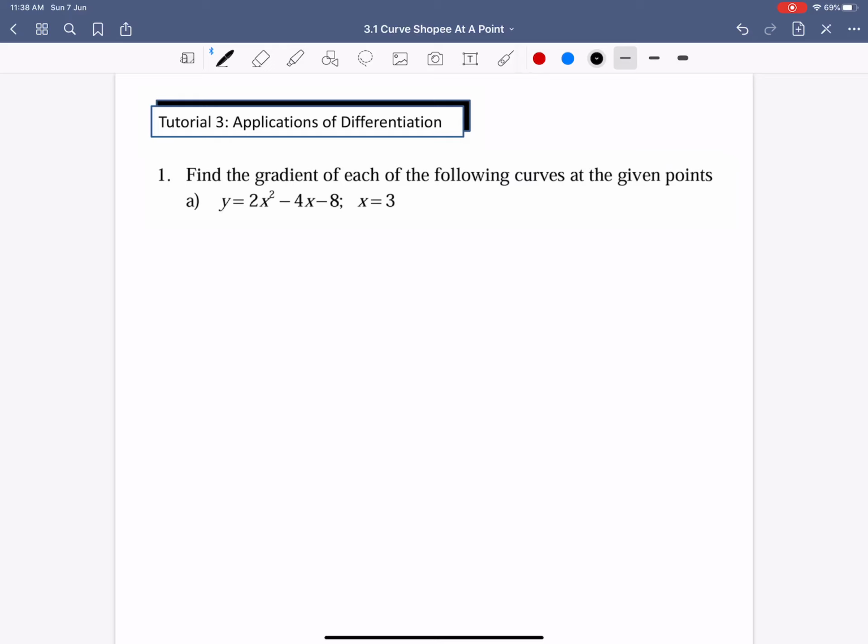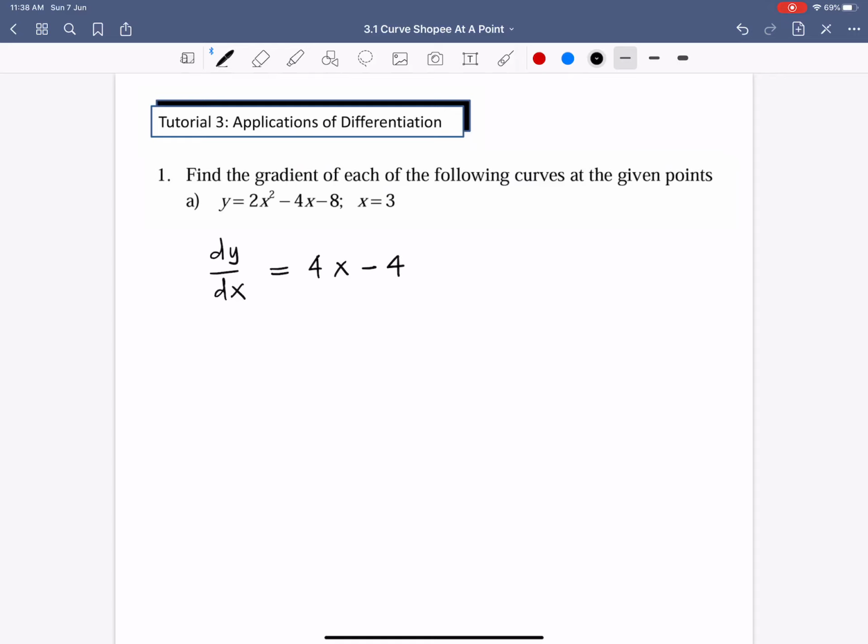Let us look at question 1a, where you have y equals 2x squared minus 4x minus 8, and we want to find the gradient at x equals 3. So we have y equals 2x squared minus 4x minus 8, and we can find dy/dx, which equals 4x minus 4.